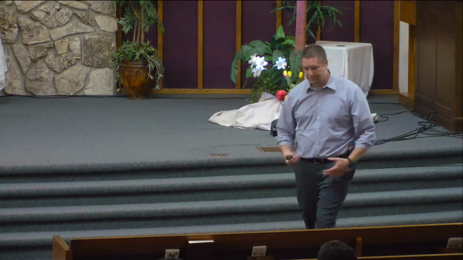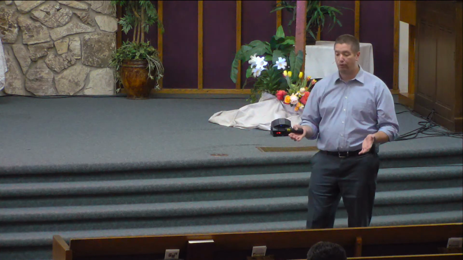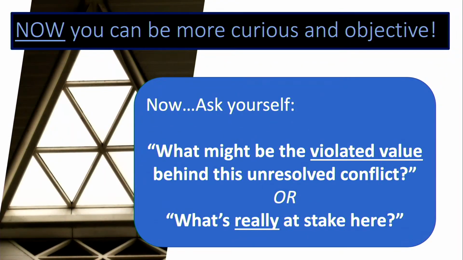If you get roped into their conflict and you jump into the middle of it, it's really hard to be objective and see the solution or see the context because you're front and center. But if you're able to be an outsider, you can provide the support, and you might start to wonder, what is the violated value that's at stake here? What's really driving the conflict between people?